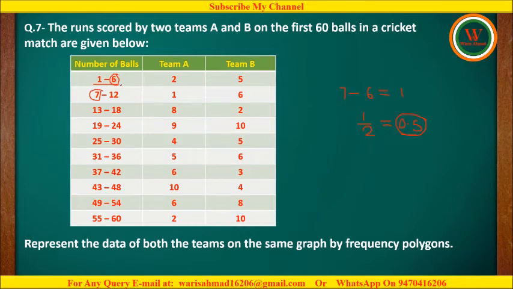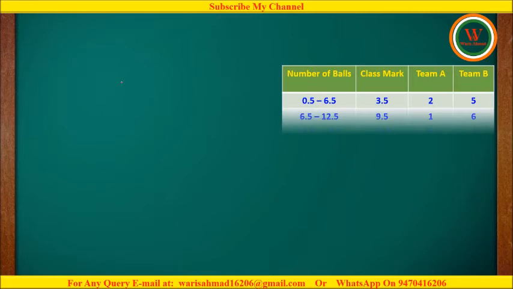Once again I am repeating, 0.5 we have to subtract from each lower limit of the class and we will add 0.5 to each upper limit of the class. So when we subtract 0.5 from the lower limit and add 0.5 to the upper limit, the resultant data will be as follows.